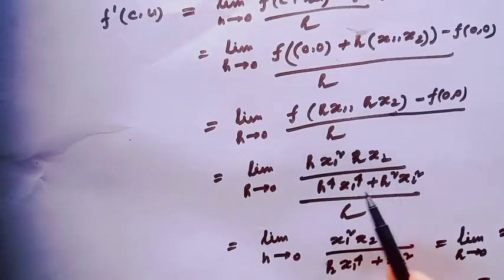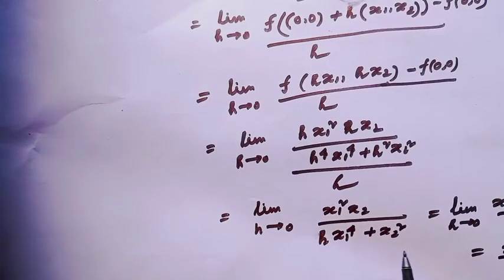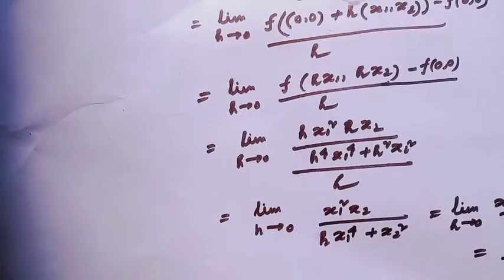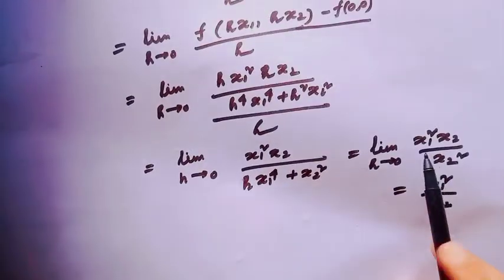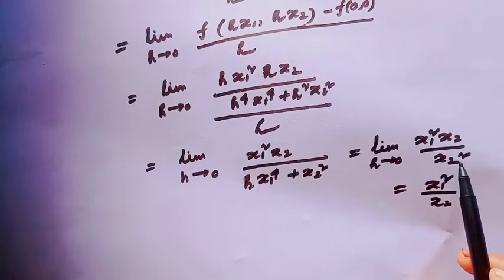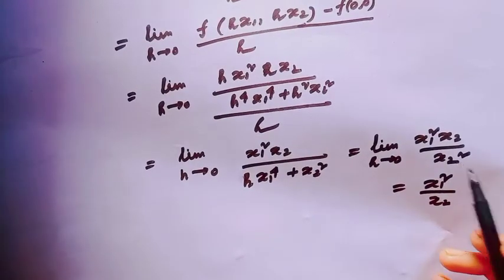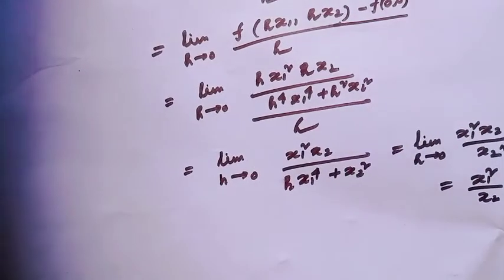Simplify this limit, then this would be limit h tends to 0 of x1 squared x2 over h x1 to the power 4 plus x2 squared. Put the limit, then this would be x1 squared x2 over x2 squared. Now by simplifying, this would be x1 squared over x2.